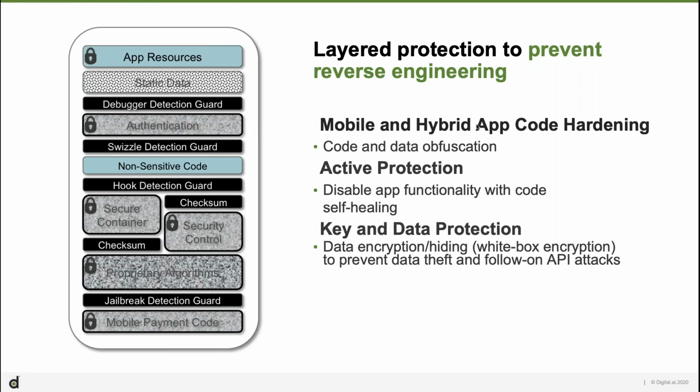Checksum in this case is an integrity validation, so that when an attacker does attempt to modify an application, the software itself has been enabled with the ability to detect that it's running in a modified state and either shut down or send a message out to some sort of back-end server system, which we're about to talk about.